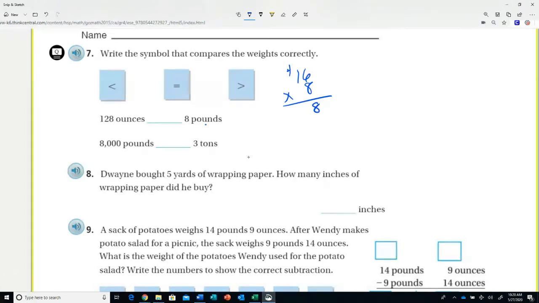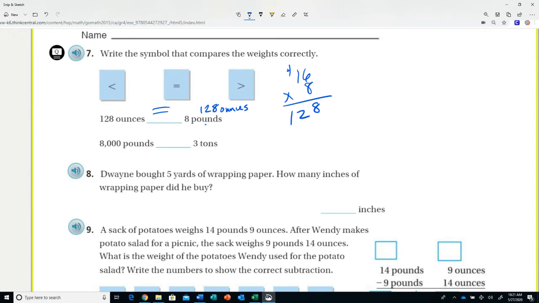Carry 4. 8 times 1 is 8. Plus 4 is 12. And this, oops, I don't have to draw the circle. These are equal. 8 pounds is equal to 128 ounces, so these are equal.